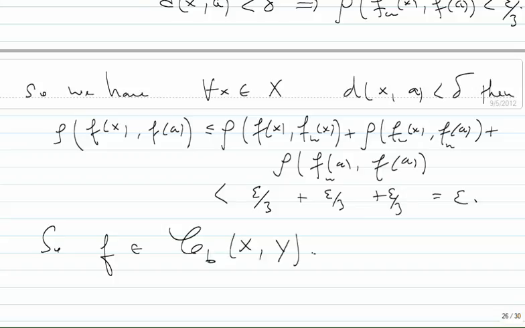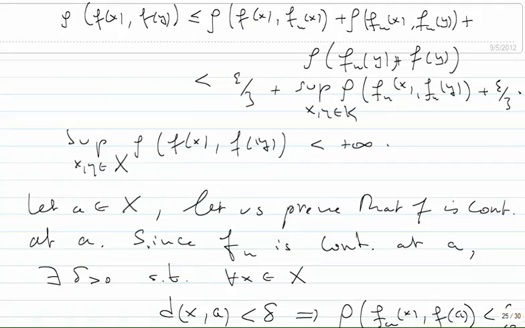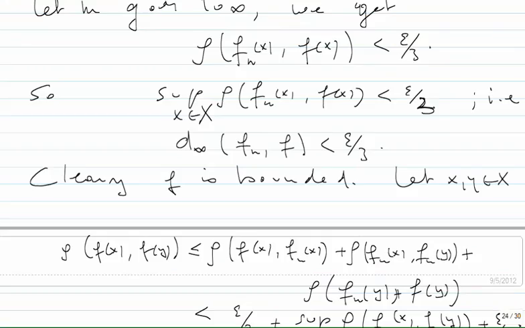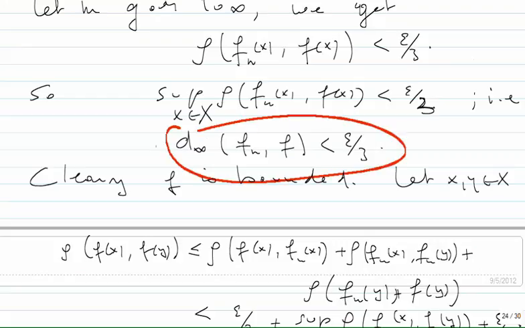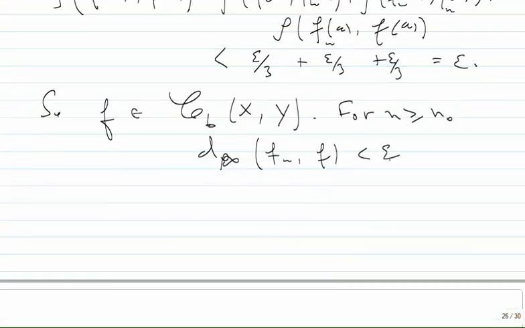And if you go back here, we showed that for n greater than n0, d infinity of Fn to f is less than epsilon over 3, which is less than epsilon.